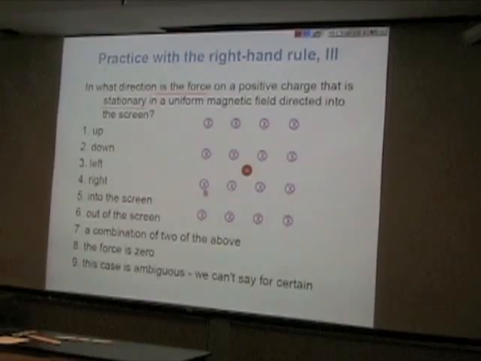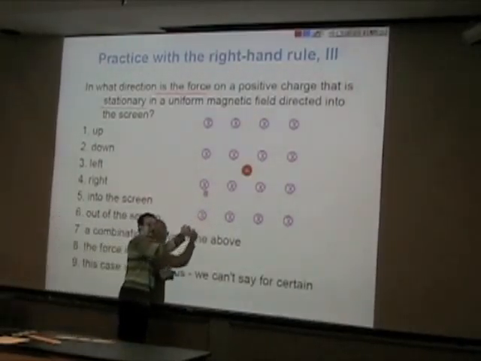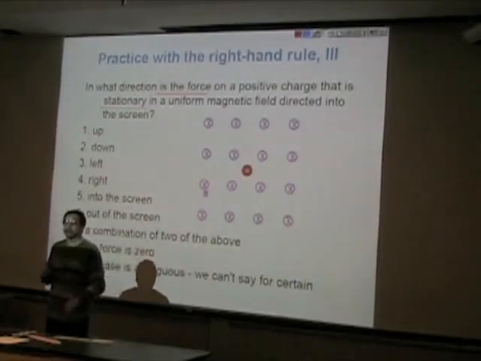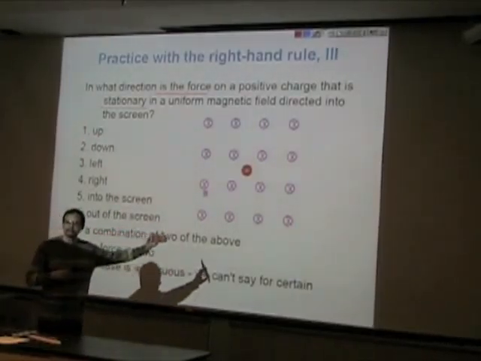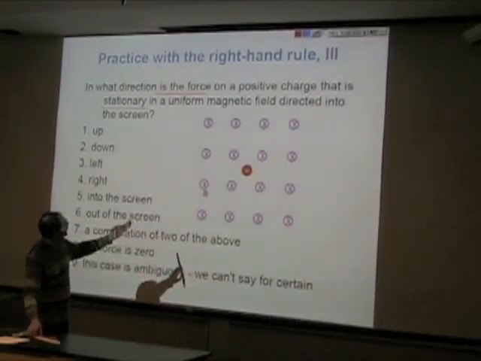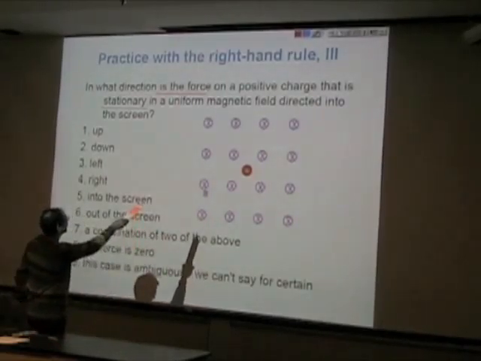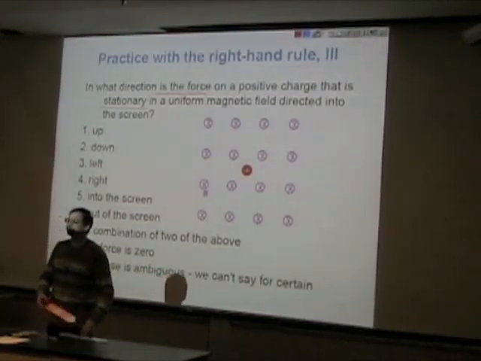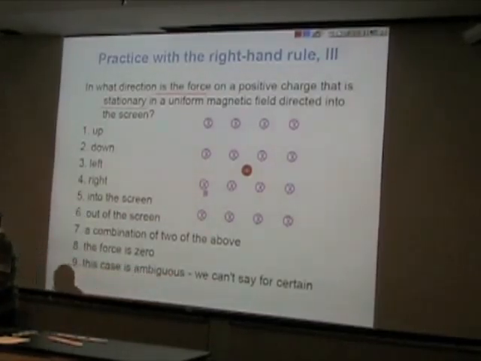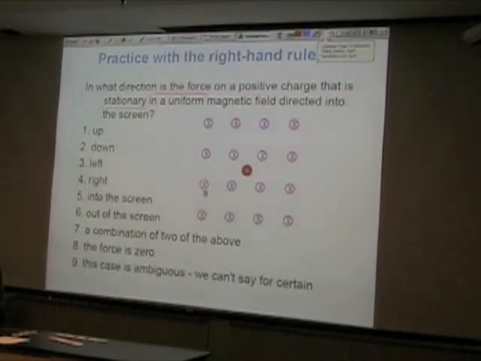So, first question. These circles with little crosses represent a magnetic field directed into the screen. And this charge doesn't move. So, what is your answer about the direction of the magnetic force acting on this charge?